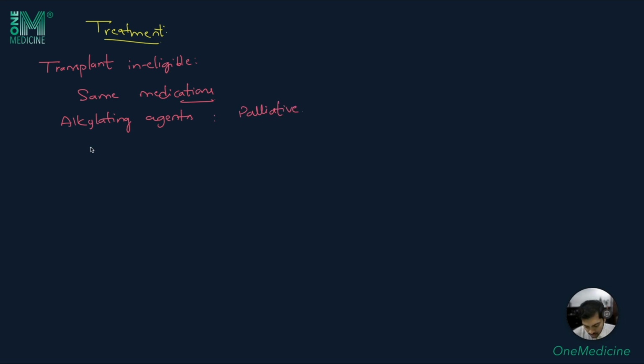Main agents include melphalan, given in the dose of 8 milligrams per meter square orally for 4 to 7 days, which is repeated every 4 to 6 weeks.